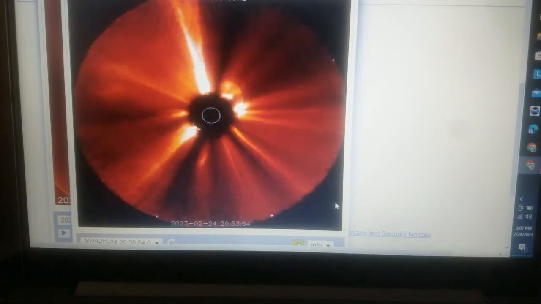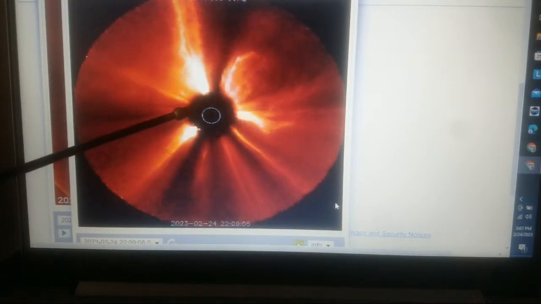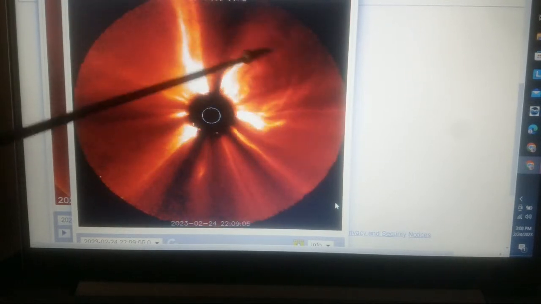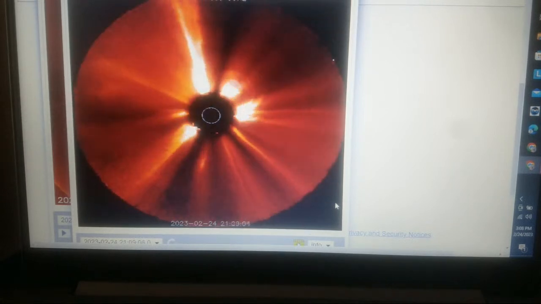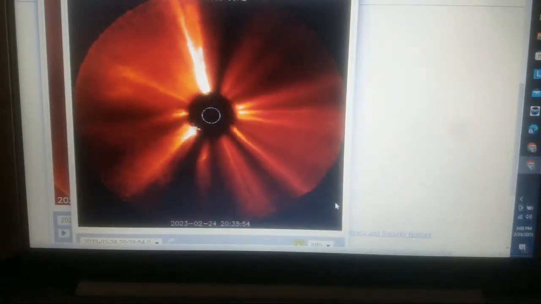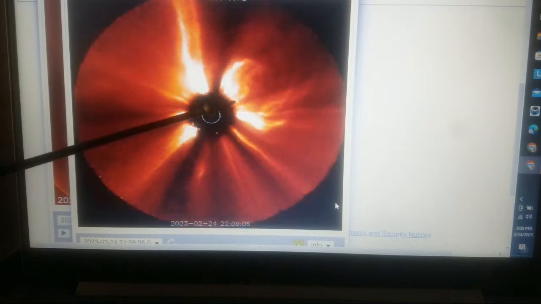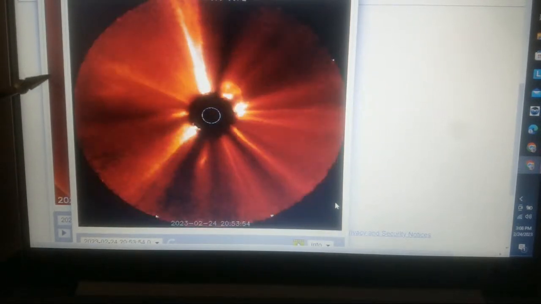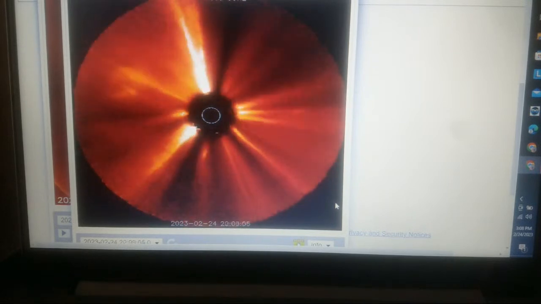Wait a second. Here on STEREO A, it's going off to the right and coming at STEREO A. See this bigger round object coming at the camera? Okay? It's coming at the camera, not straight at it, but just above it and to the right, okay? So above and to the right of STEREO A and above and to the left of our perspective.